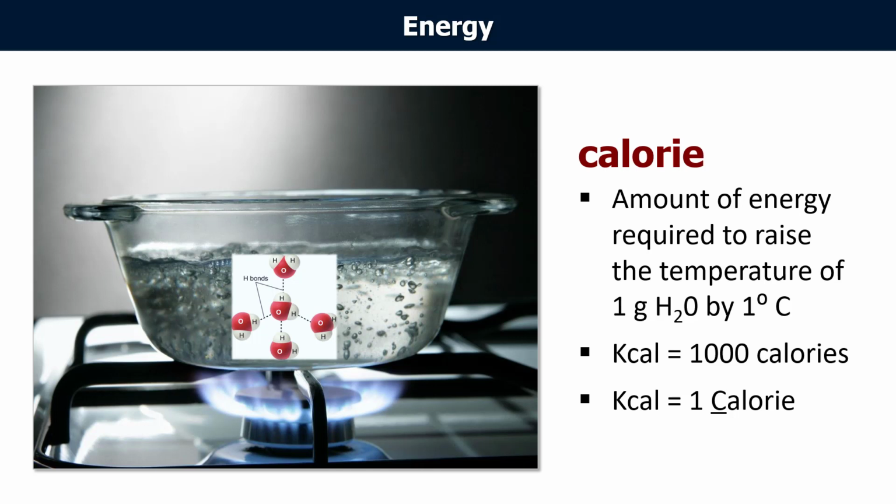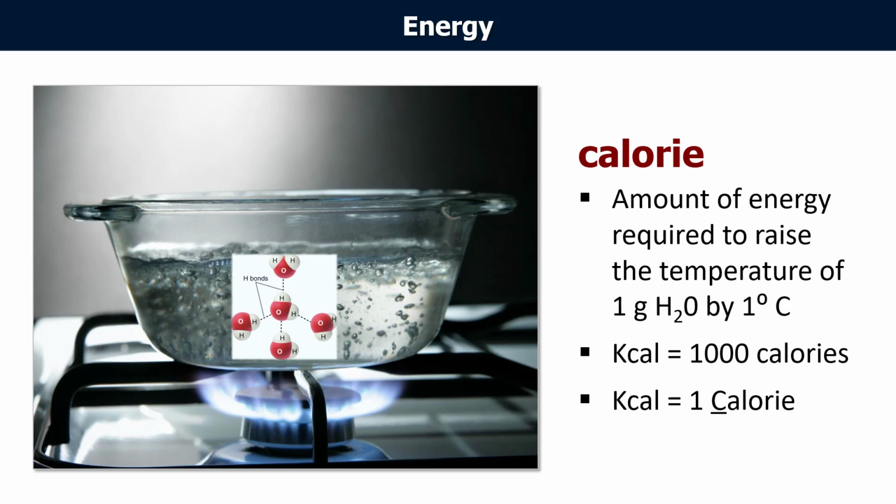And these terms came up in a previous video because we talked about carbohydrates being a way to store energy and that there were 4 kilocalories per gram in carbohydrates. And you might recall there were 9 kilocalories per gram in lipids, which is why we use lipids for long-term energy storage.